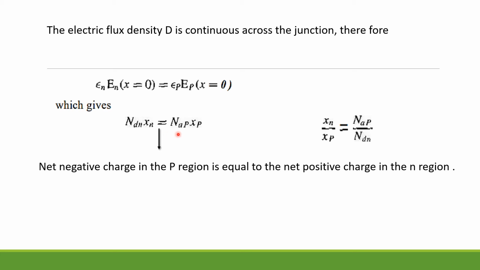This equation states that the net negative charge in the P region is equal to the net positive charge in the N region, which is the same condition that we had in the PN homojunction. From this equation, we can write Xn by XP as NAP divided by NDN.